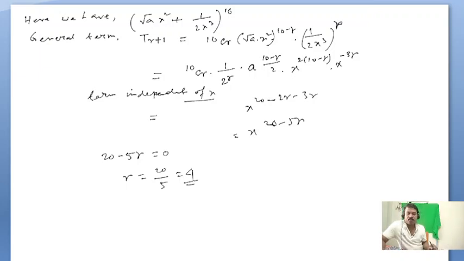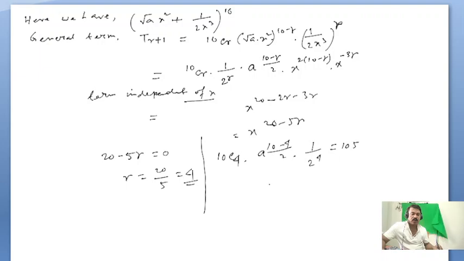Now we have to find the coefficient. That is, here we have 10C4 a to the power (10 minus 4) divided by 2 into 1 by 2 to the power 4, that is equal to 105.